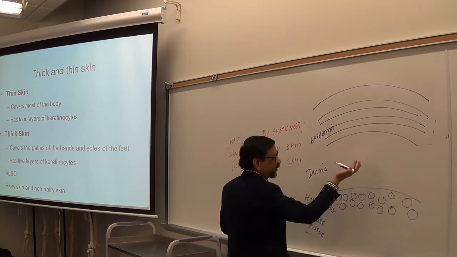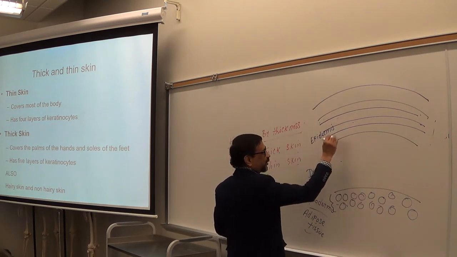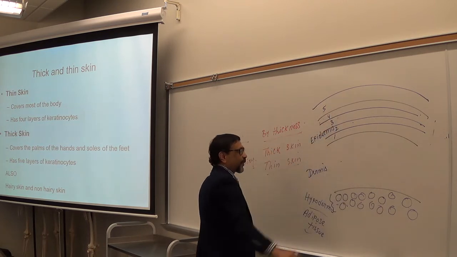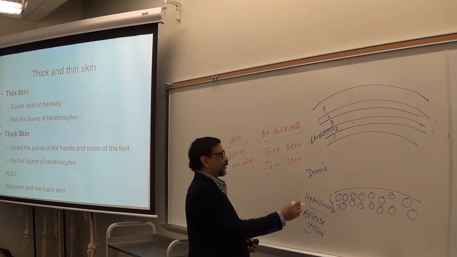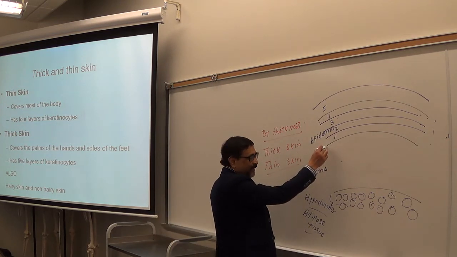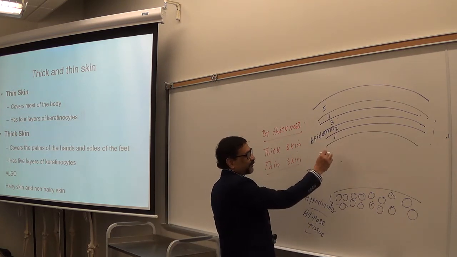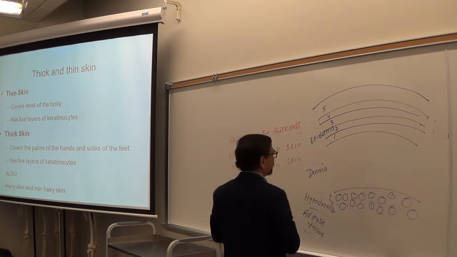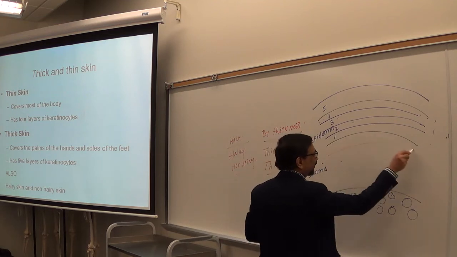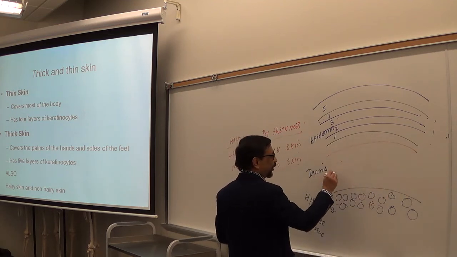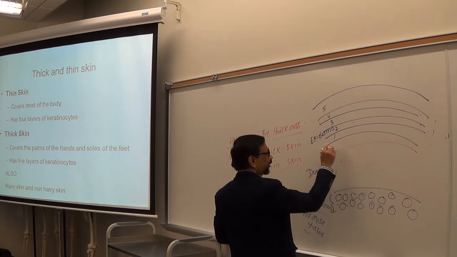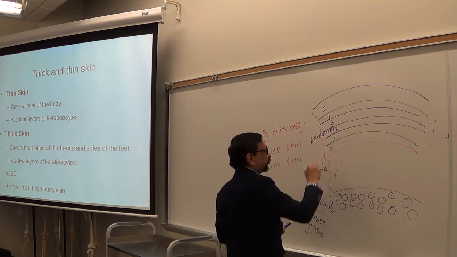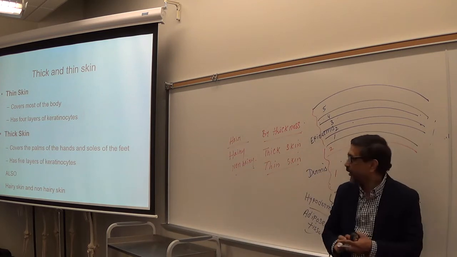If you see from inside to outside, this is 1, 2, 3, 4, 5. Dermis has only 2 layers in both thick and thin. So this is number 1 from inside. This is number 2. This is dermis. Okay, this is epidermis.